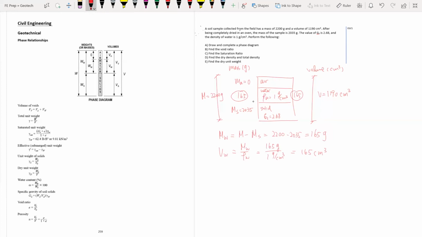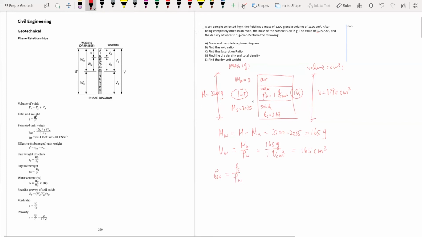Then next, we want to find the volume of the solid through the specific gravity. We know the definition of specific gravity is equal to the density of solid divided by density of water, which is equal to 2.68.